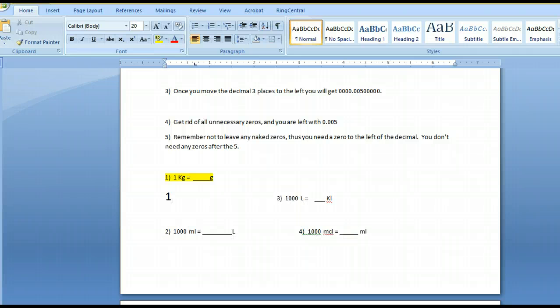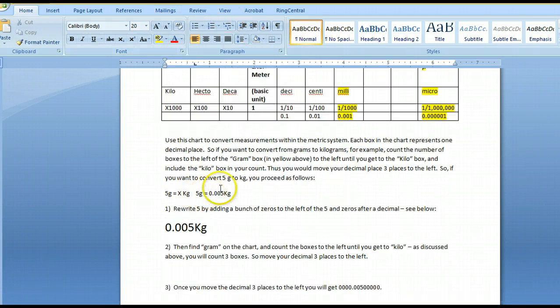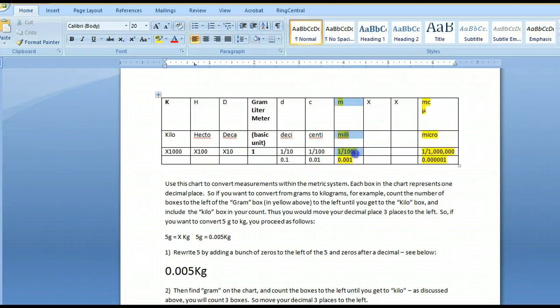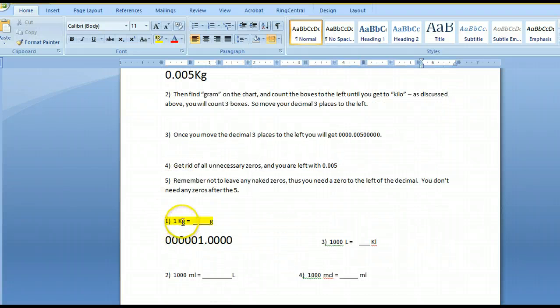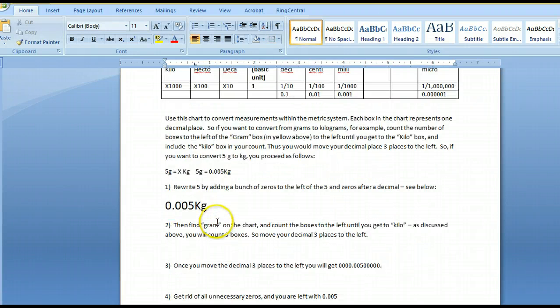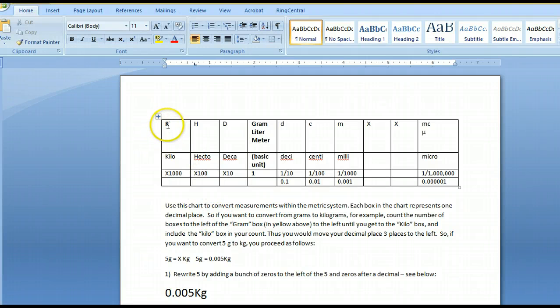I'm going to go 1 point. Let's put some zeros to the right, and let's put some zeros to the left. All right. So we've got kilograms and grams. Let's highlight them both. We've highlighted these before. Kilo and gram.